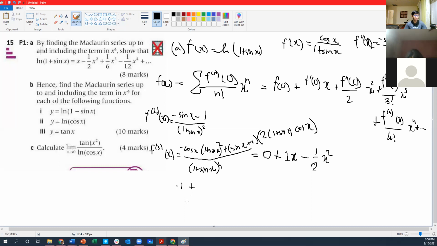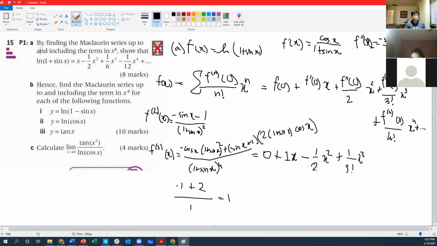Sine of 0 is 0 plus 1 is 1. Sine of 0 is 0 plus 1 is 1. 1 times 1 is 1 times 2 is 2. We have a 2 here. And then once again, we have 1 to the 4th power. So we have a negative 1 plus 2 over 1, which is just 1. So once again, we have a positive. So we have plus 1 over 3 factorial x cubed.